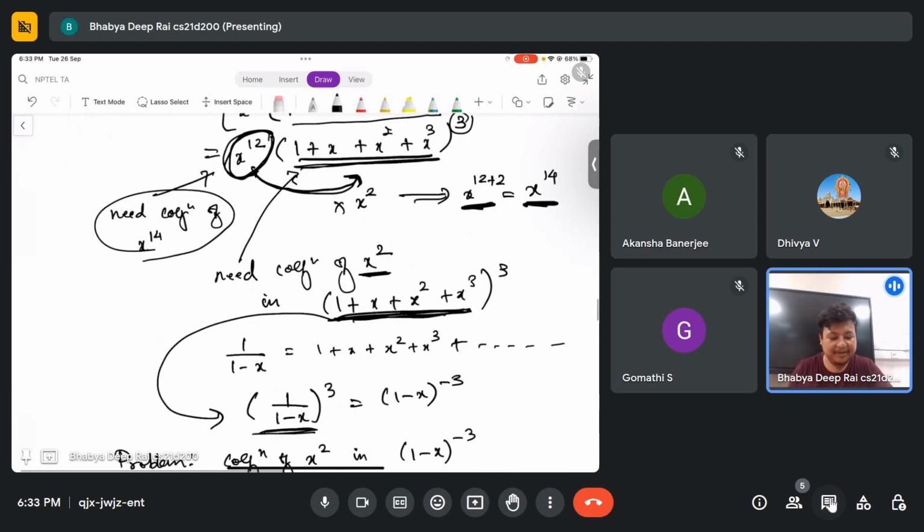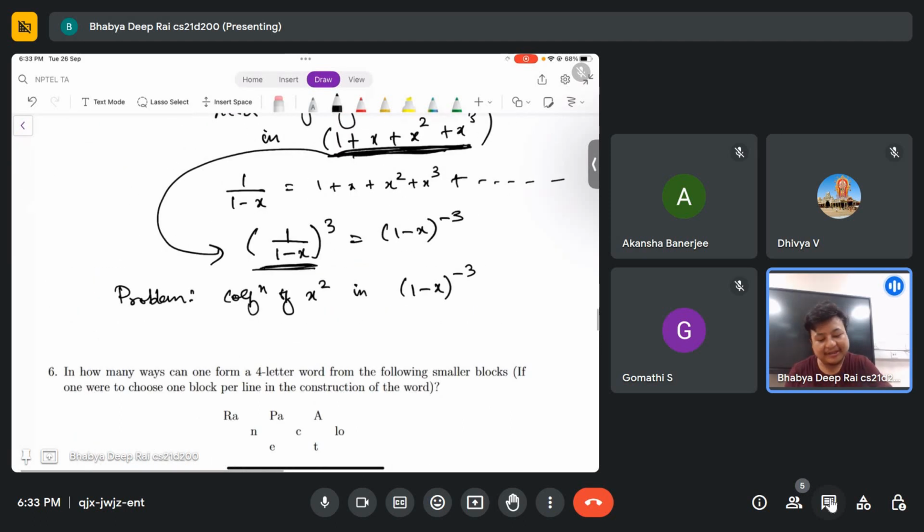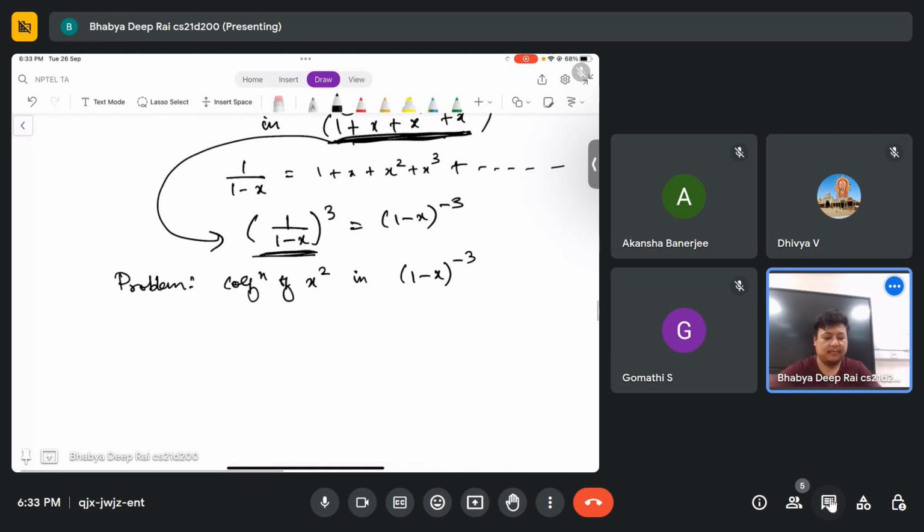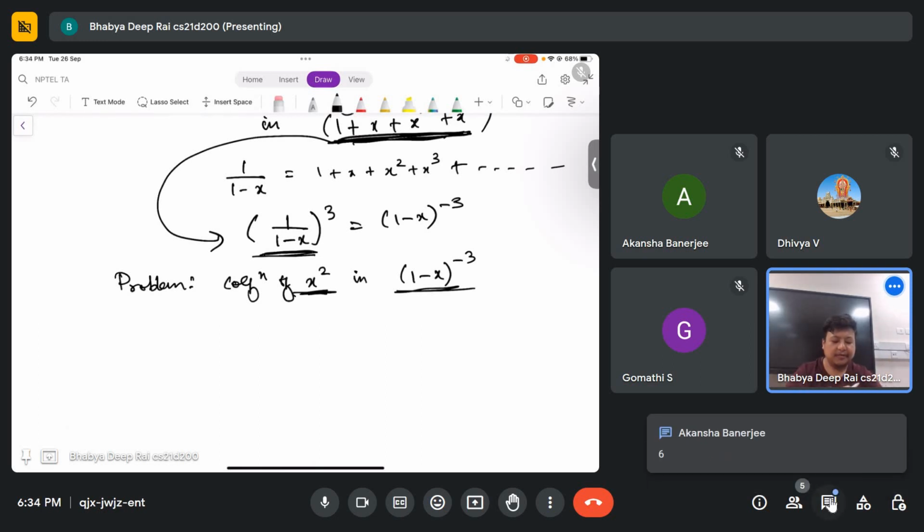So now can you tell me, after simplifying, what the answer becomes? Coefficient of x square in 1 minus x whole to the power minus 3. It comes as a 6.